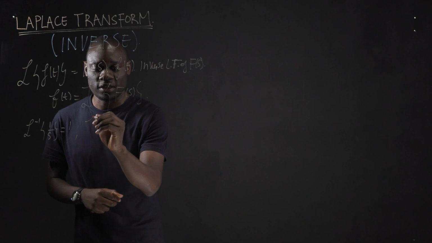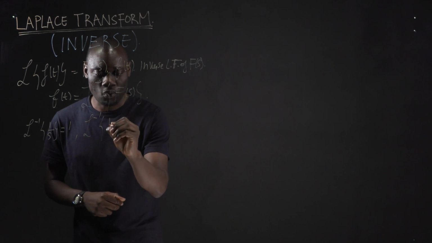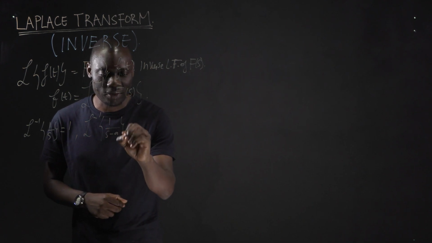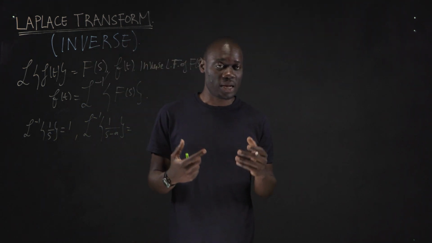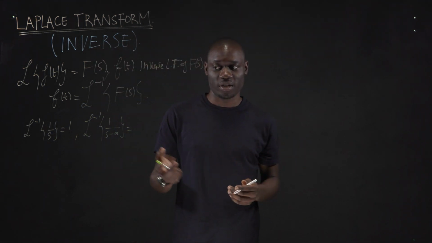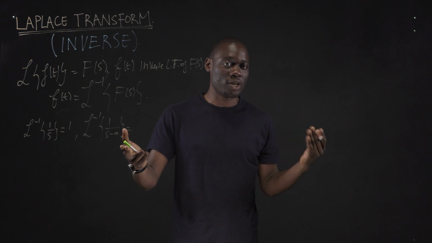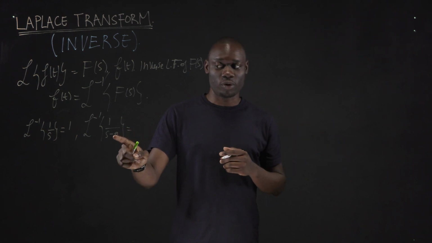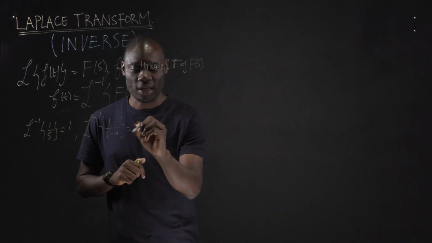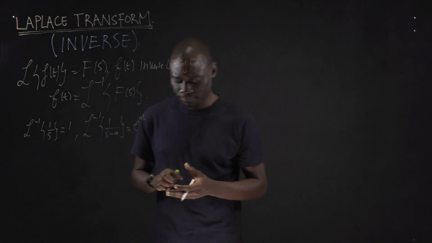If I'm looking for the inverse of the Laplace transform of 1 over s minus a, from the table, I can easily find the corresponding function of t. It will be exponential e to the at.